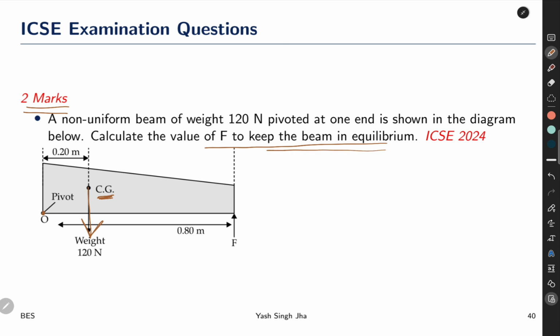We want the beam to be in equilibrium. That is, there should be no resultant moment or resultant torque on the body. Let's calculate the torque.